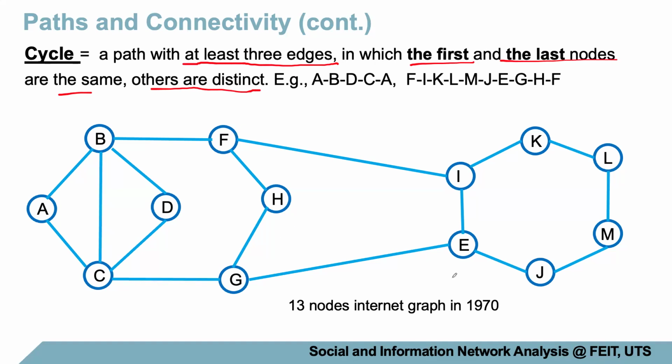For example, inside this graph, A to B to G to C to A is a cycle. It has more than 3 edges, and the first and the last nodes are the same. And from F to I, K, L, M, J, E, G, H, F is another cycle.